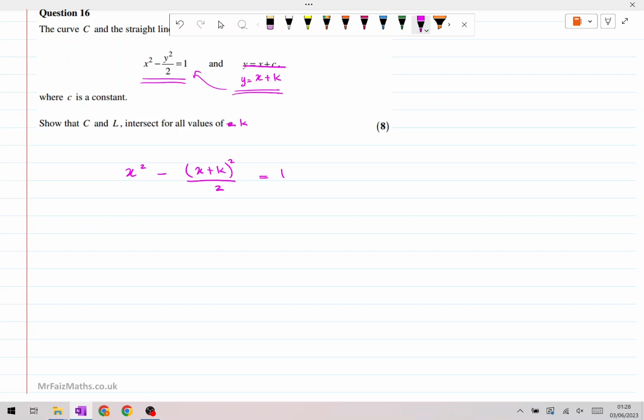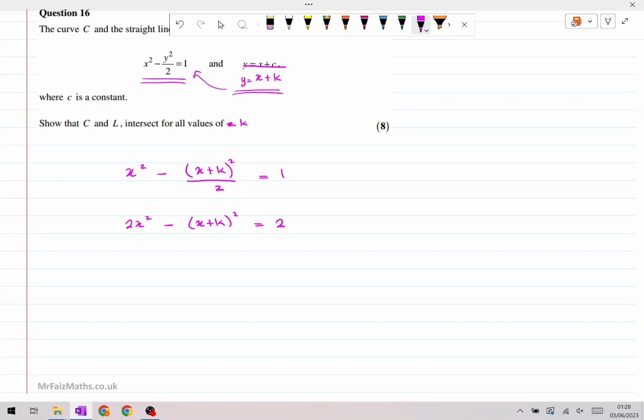Now, what we can then do is we can expand the brackets out, but first we'll multiply everything by 2 so that we have 2x squared minus x plus k whole thing squared, and then multiplying the 2 onto the right hand side as well, that gives us equal to 2.